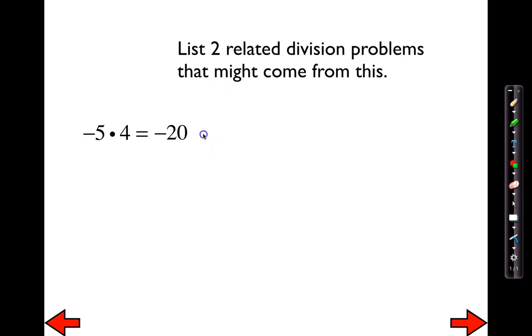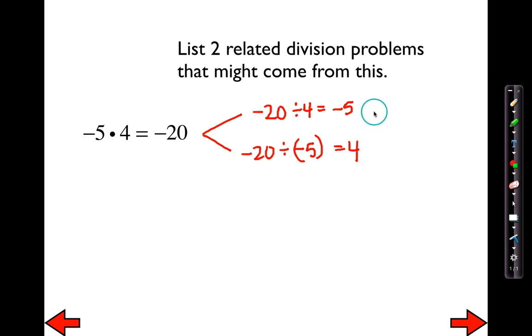There's 2 ways. You can write it as -20 divided by 4 equals -5. Or you can do -20 divided by -5 is 4. So again, we can relate these division problems to multiplication.